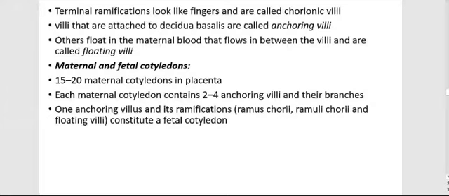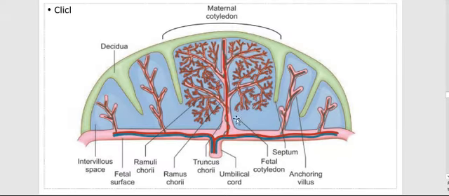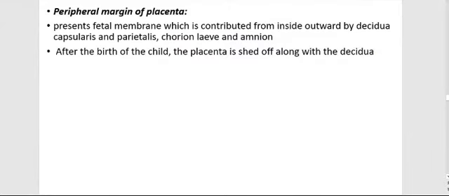There are 15 to 20 maternal cotyledons in the placenta. Each maternal cotyledon contains 2 to 4 villi with their branches. These are the ones I'll keep on repeating, and their branches. So we have formed our placenta.